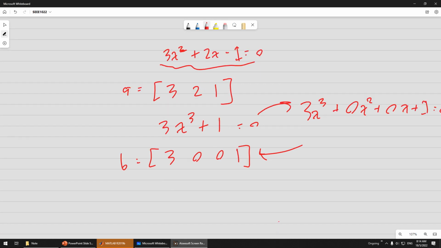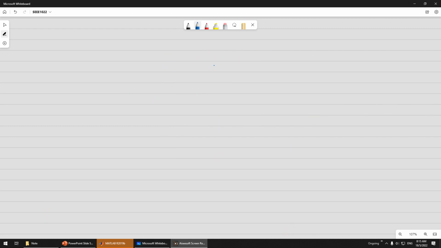Okay, polynomial. Okay, so you have interpolation, which uses all the points. Okay, so if you recall back, you have interpolation and you have curve fitting.